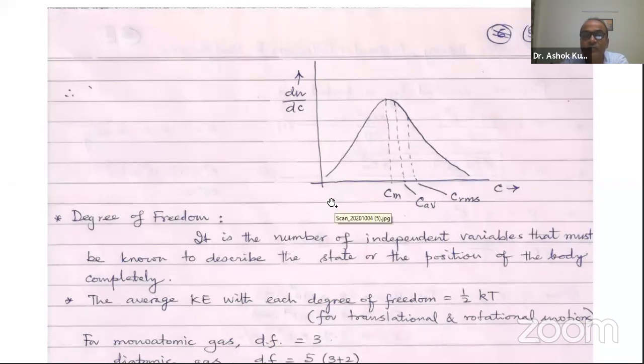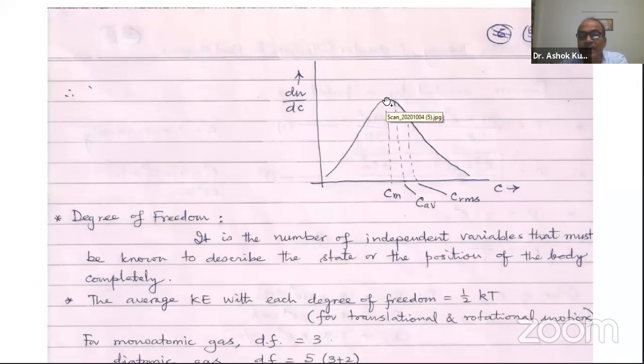Okay, so we find that the number of such molecules having velocity 1 meter per second is very less. If we increase the velocity to 2 meter per second, then the number will increase. 3 meter per second, the number will increase. 4 meter per second, further increase, and so on. We attain a certain maximum.